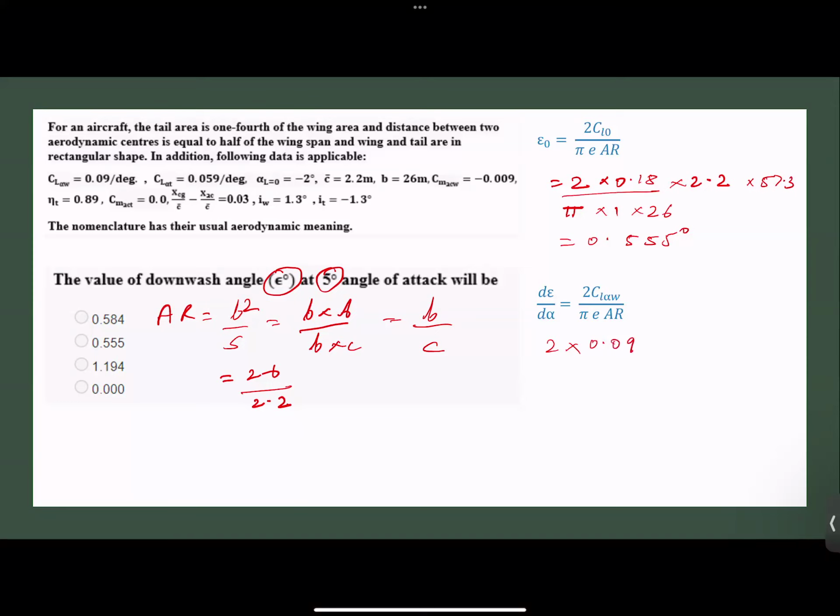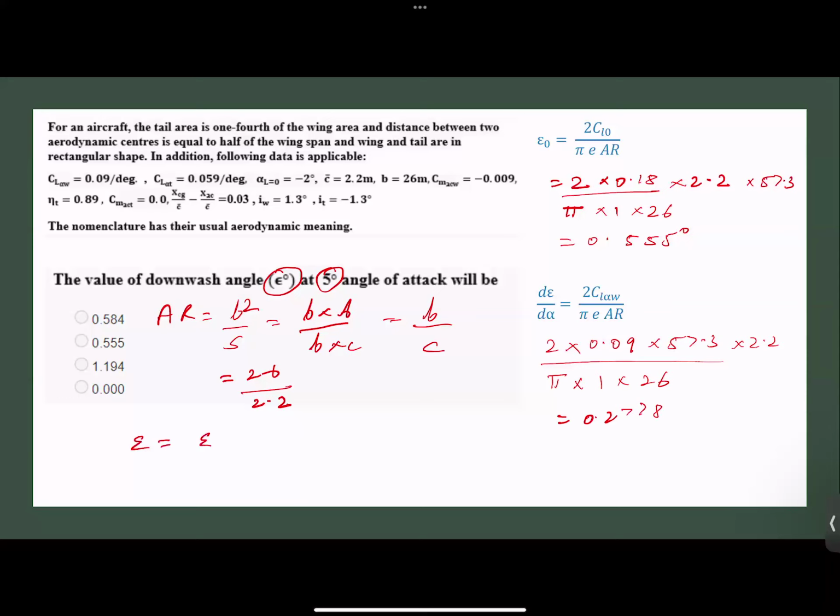If it is in per degrees, then this equation will not be valid, so we need to convert it. So with B by C of 26 by 2.2, we get 0.2778.